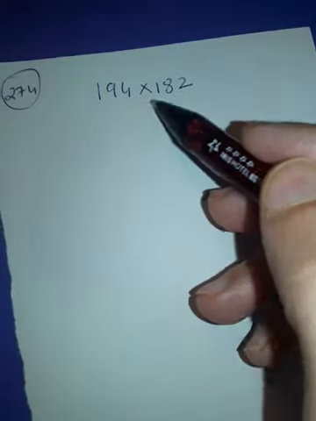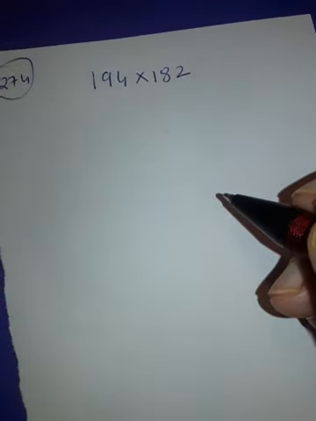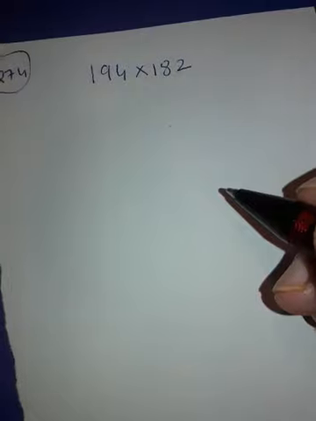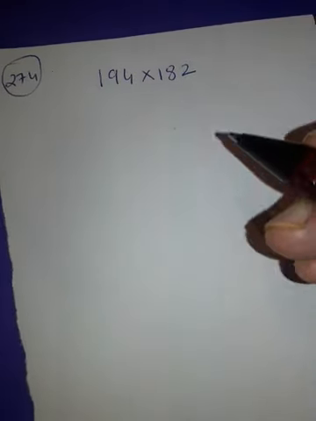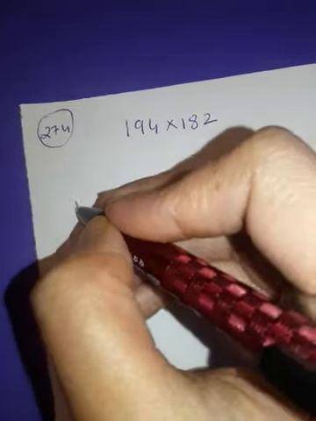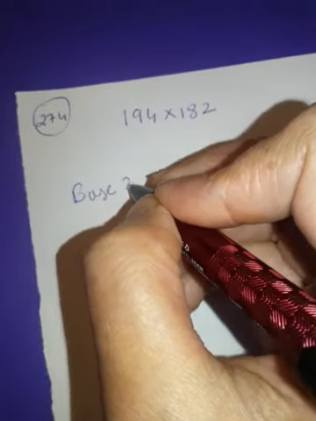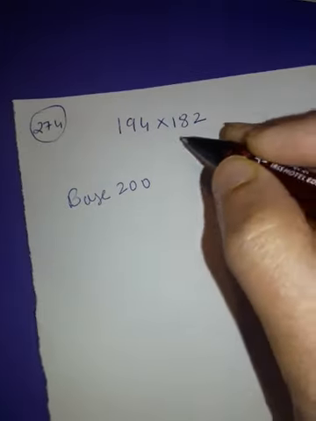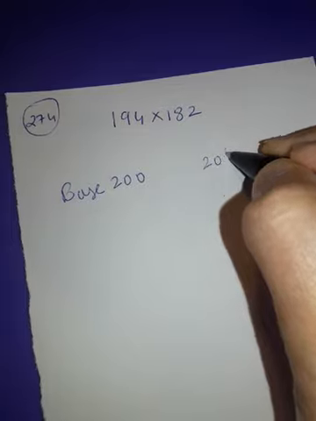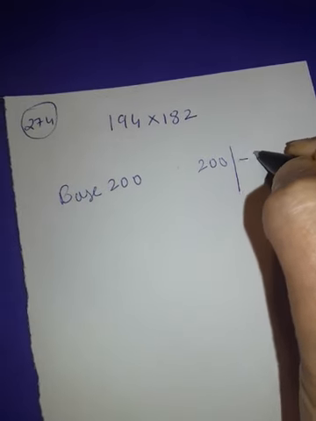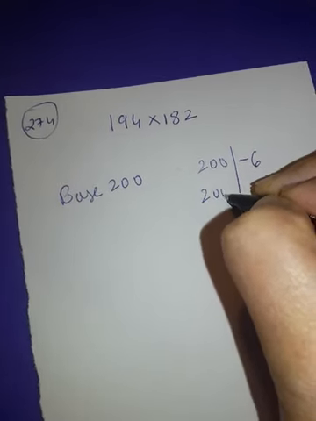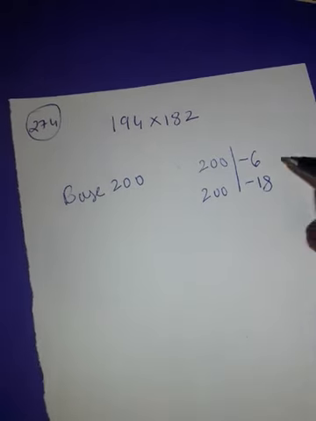Now let's see this example. 194 multiplied by 182. What do you observe here? Both numbers are less than the common base 200. So I'm going to take base as 200. How can I write these numbers? First number is 200 minus 6. Second number is 200 minus 18.